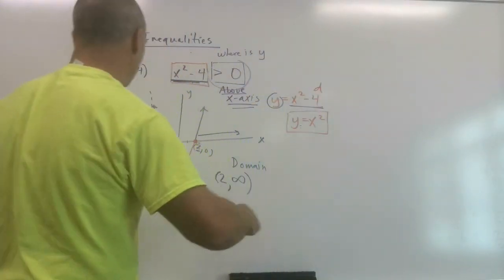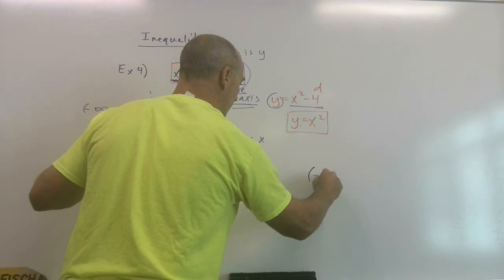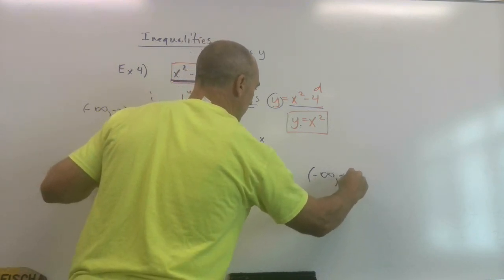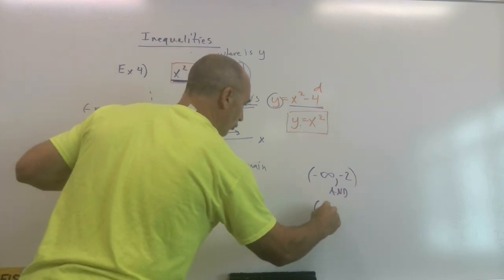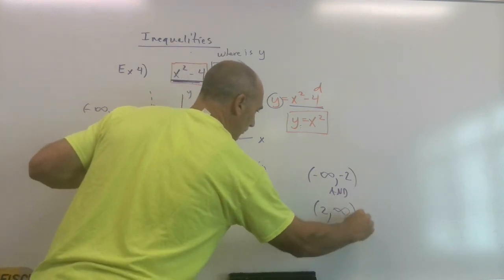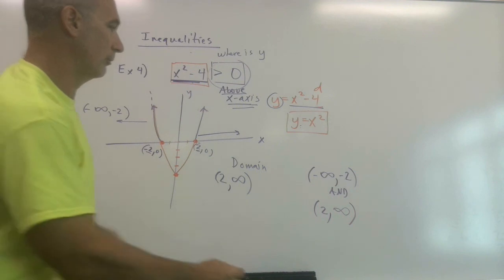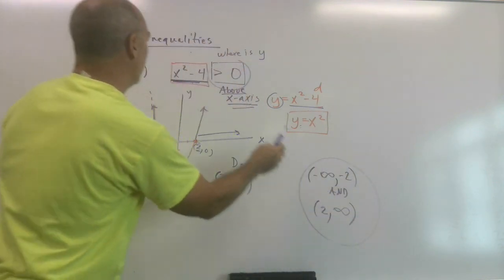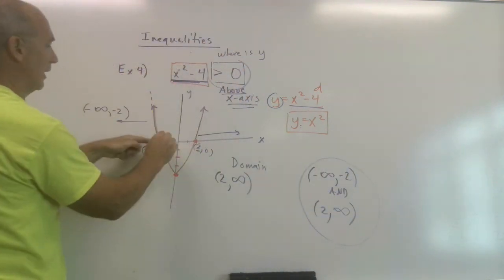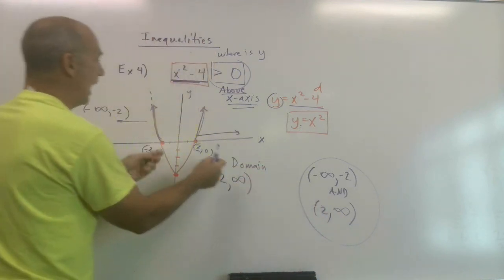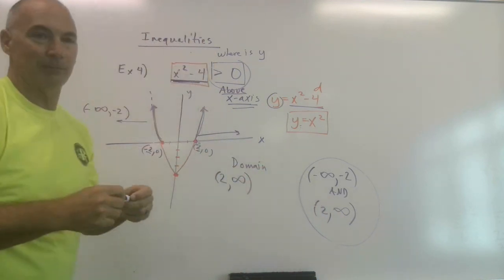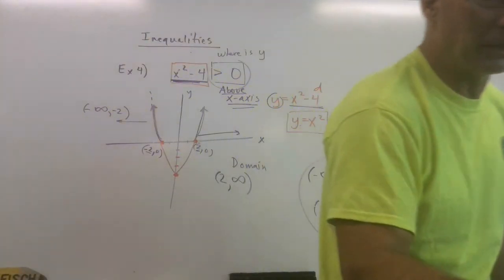So my final answer would be negative infinity, negative 2, and 2 to infinity. And there you go. That's your answer for this problem, because that's the section of the graph, the domain, where the graph is above the x-axis. Keep that in mind. That finishes the pre-lesson, you guys.